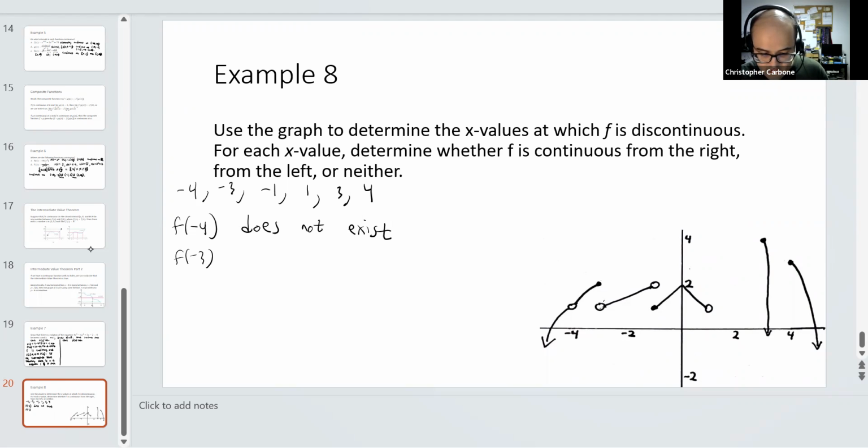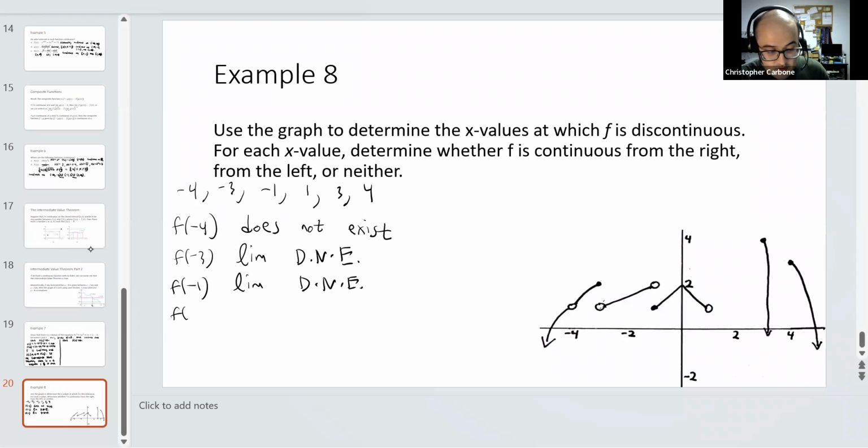They're two different values of the limit, so this limit does not exist. For f of -1, we have the same phenomenon. The two are not the same, so the limit does not exist.